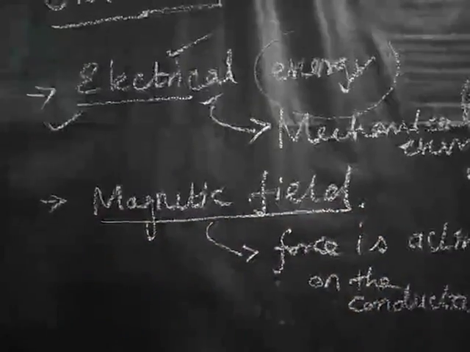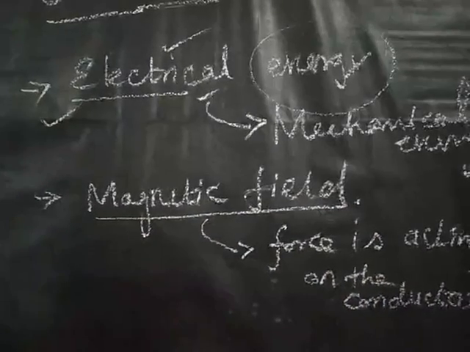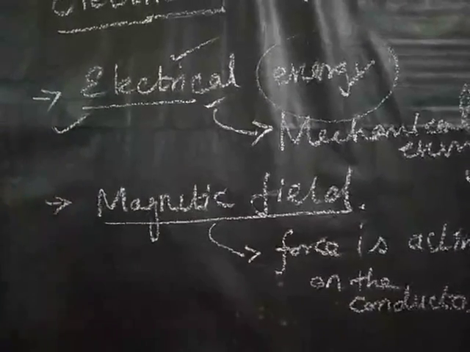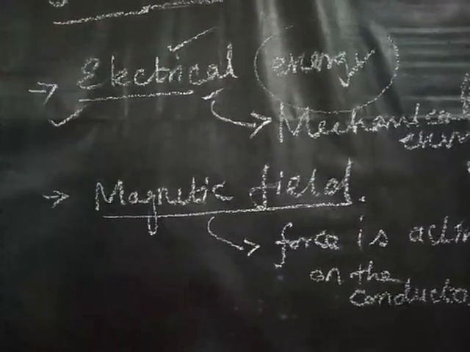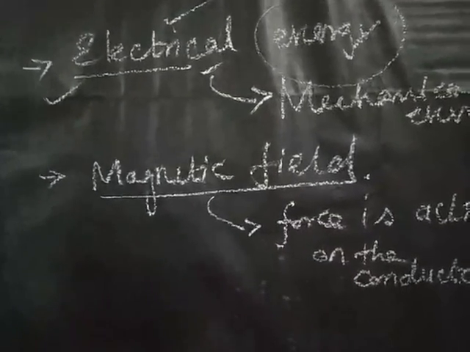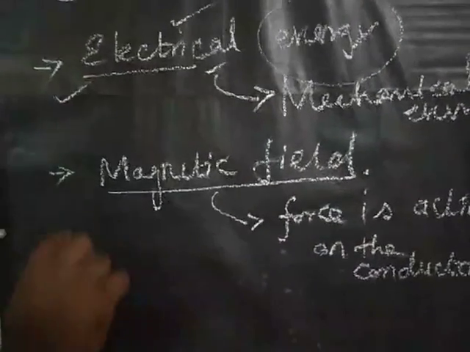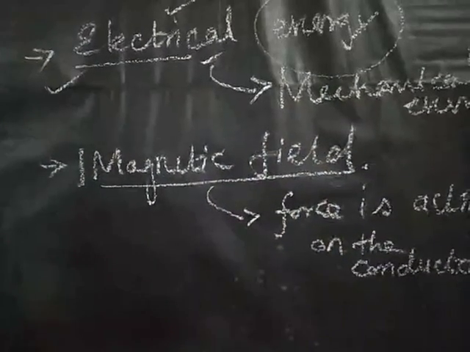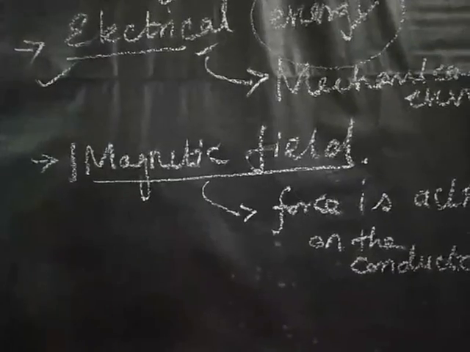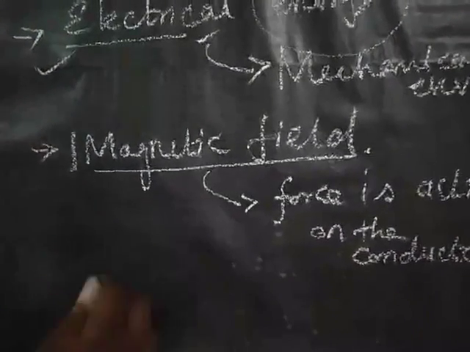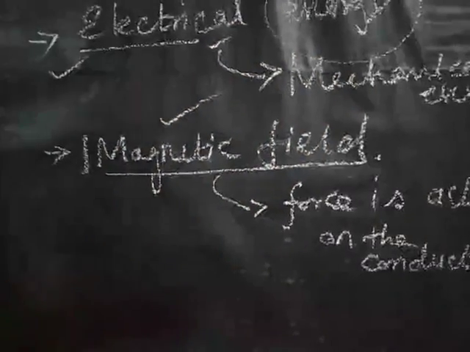How is electrical energy converted into mechanical energy? Inside the electric motor, they keep one permanent magnet, and around the magnet, coils are rotated. If you pass electricity, a magnetic field is produced.